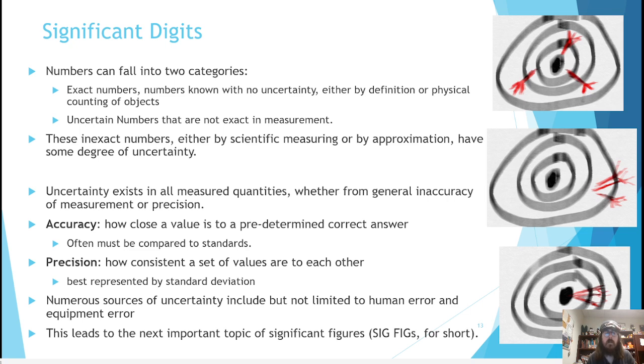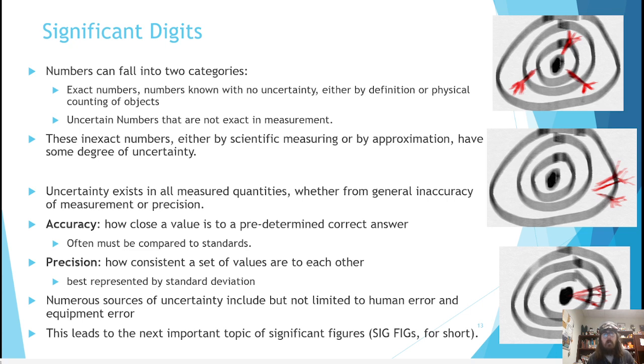Now, precision is how consistent a set of values are to each other. How repeatable. If you do a sample 3 times, 4 times, 5 times, how often do you get numbers that are the same or in the same degree of accuracy? So you might see, oh, you got a bunch of numbers clumped up except for a couple outliers. Those outliers are destroying your precision.